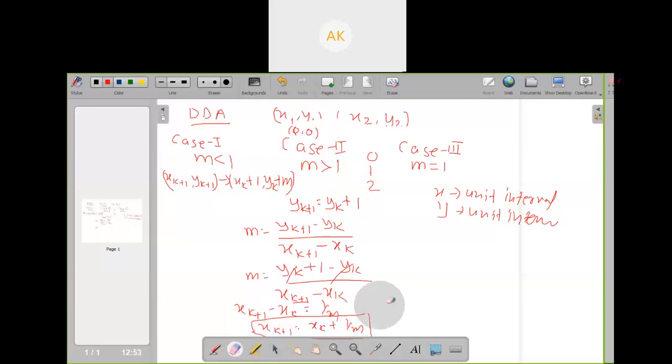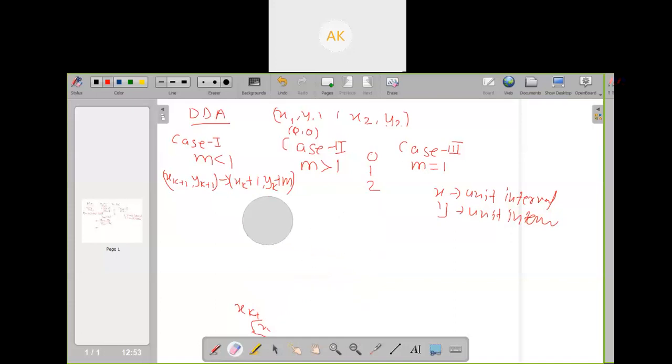So when your slope is greater than 1, the next point position is xk plus 1 by m and yk plus 1.